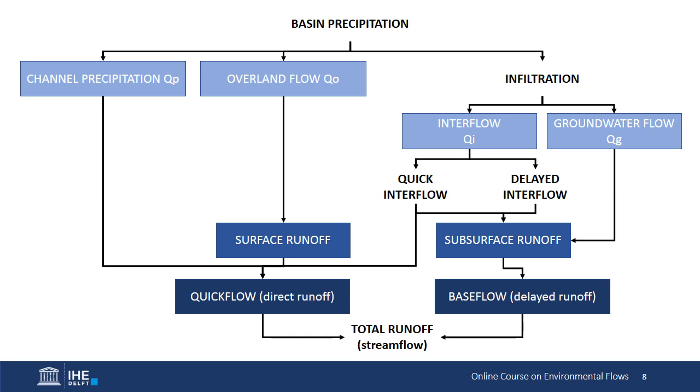For the surface part, the channel precipitation and the overland flow, it forms the surface runoff, and together with the fast component of the interflow, which is often returning to the surface by return flow, is forming the quick flow or direct runoff. The direct runoff components and the base flow components from the subsurface together form the total runoff in the stream flow.